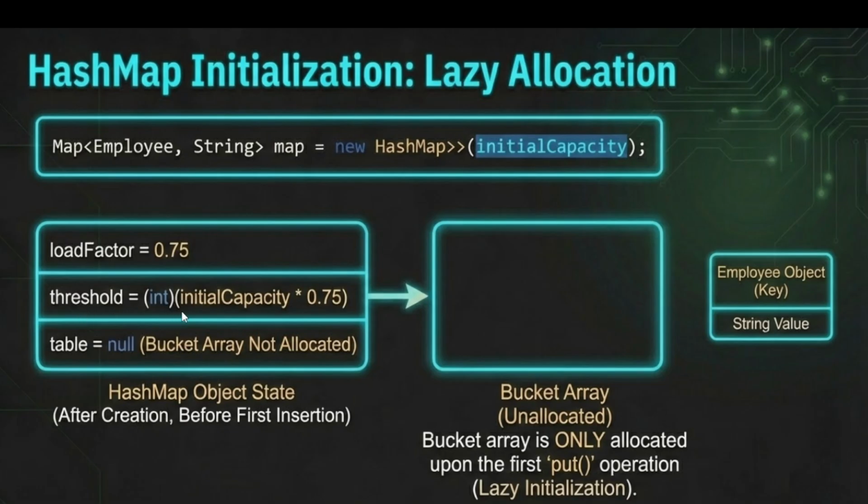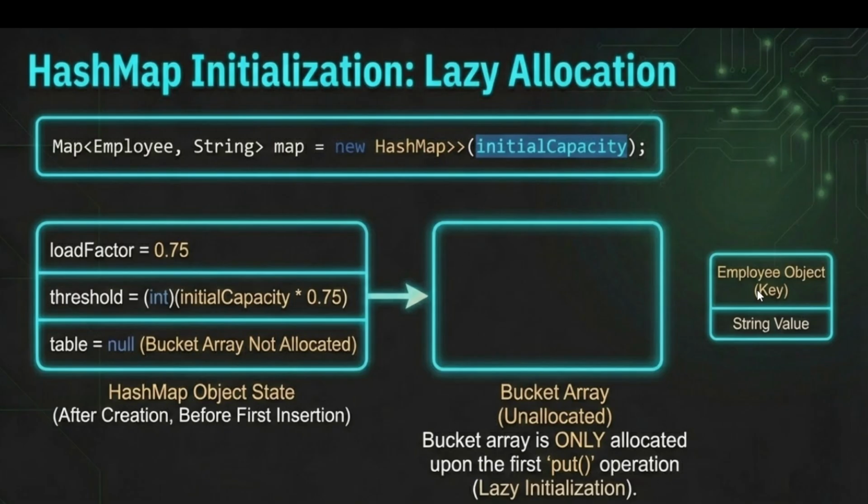The threshold will be initial capacity into 0.75. This we also discussed. Here, the main point is the table will be null. The bucket array is not allocated. So we can see here the table is empty. The bucket array is unallocated. The bucket array is only allocated upon the first put operation.